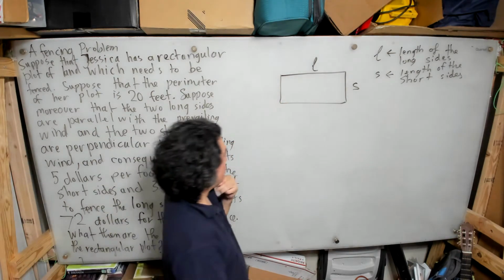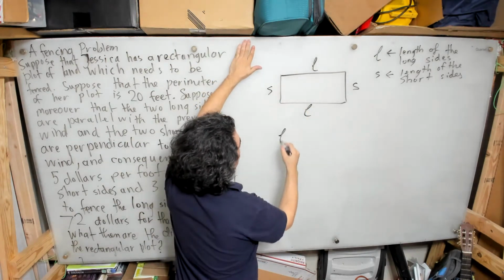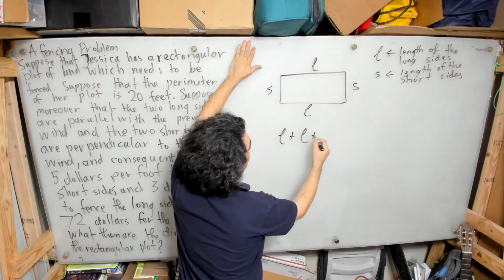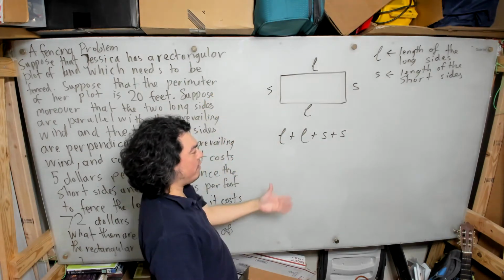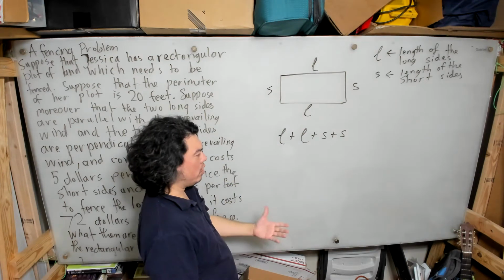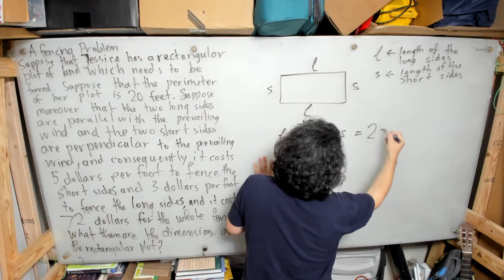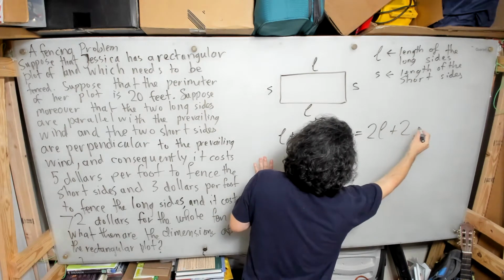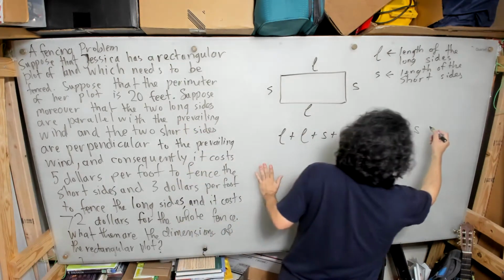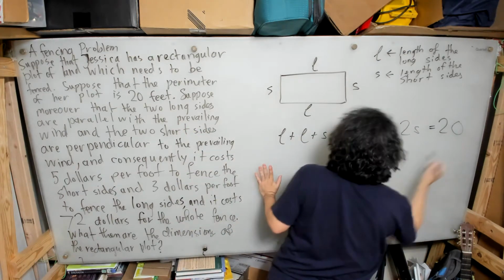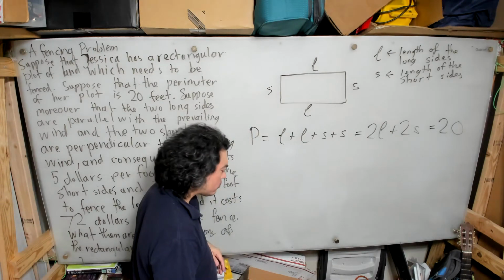So in other words, that's L plus S plus L plus S, which we can simplify. If I have L plus L, that's 2L. If I have S plus S, that's 2S. So this simplifies to 2L plus 2S. And what does that equal? That equals 20 feet, as they give us above there. So that's our perimeter.